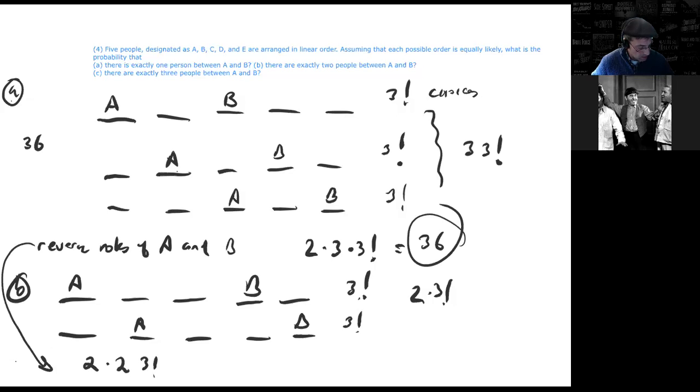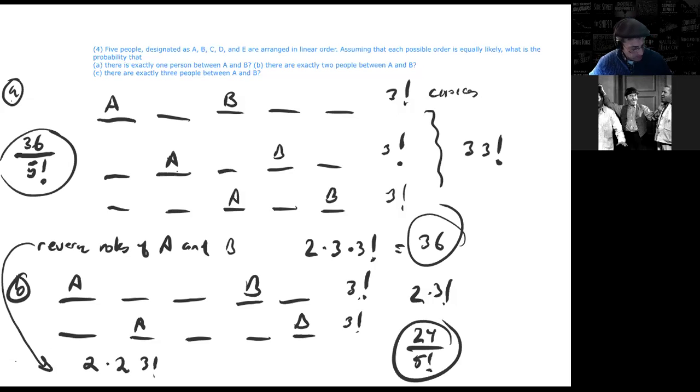That's the numerator of our fraction. And how many ways can we sit A, B, C, D, and E? Well, that would be 5 factorial, right? Likewise, this would be 2 times 2 times 3 factorial, which would be 4 times 6 is 24 over 5 factorial would be the answer to part B.